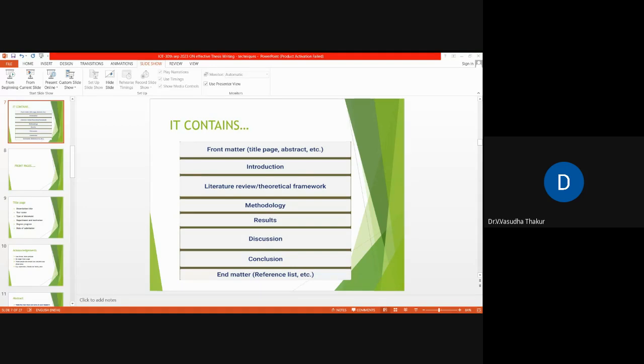Then comes the table of contents. Now for this, there are tools which you can take help of. That is MS Word, auto-generated content, in a very clear way, and consistent headings are provided. So you can take the help, or otherwise manually also you can do it with the help of a Word document.